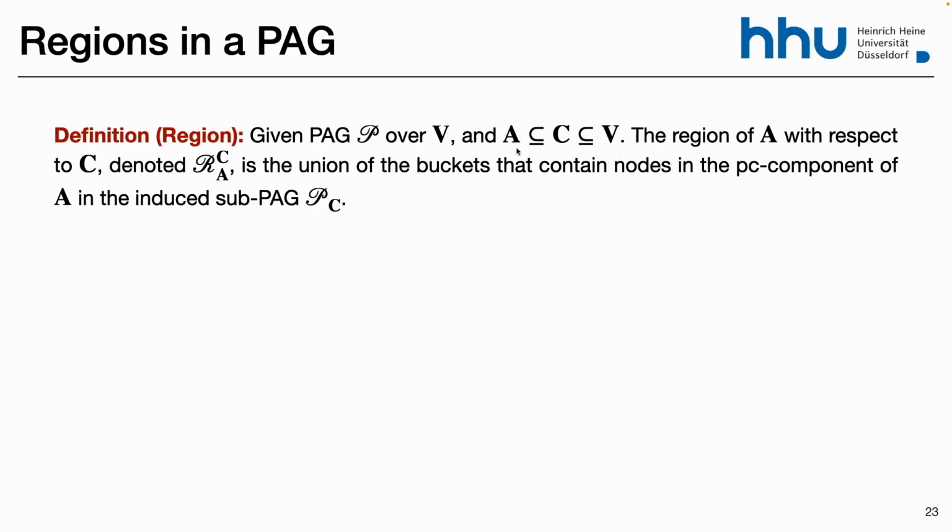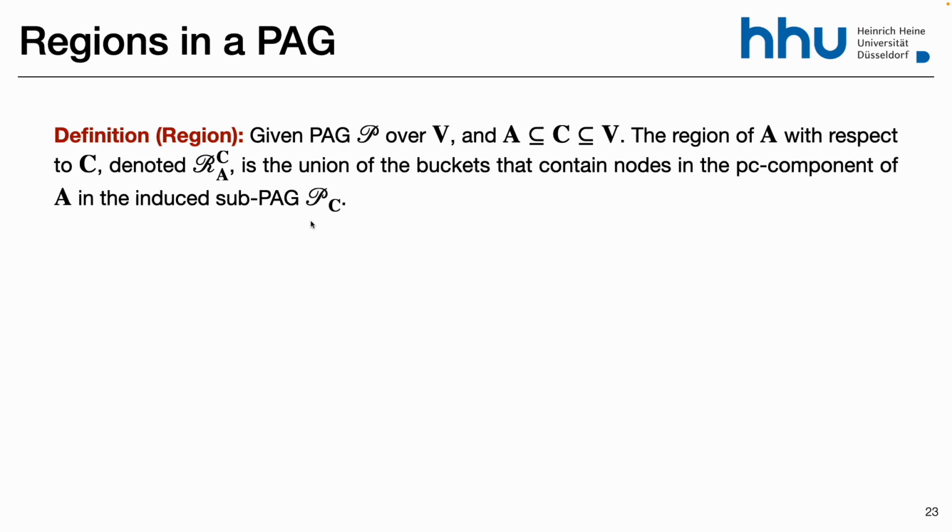So A is a subset of C, which is a subset of V. And the region of A is always with respect to this C. It's going to be denoted as something like this. So it's the region of A in the subset C. It's just the union of all the buckets that contain nodes in the PC component of A in the induced subpeg over C.